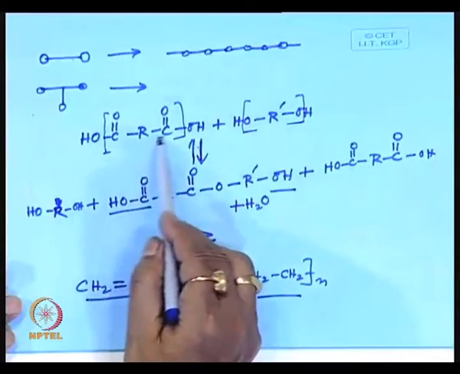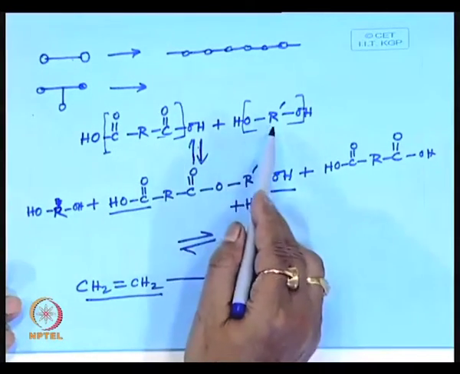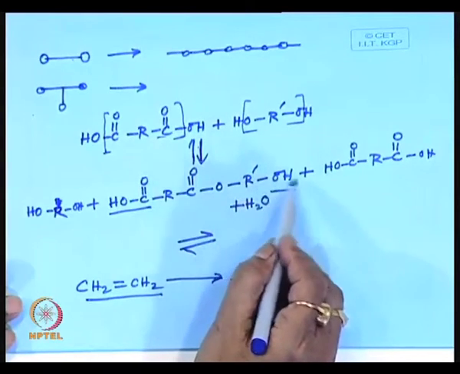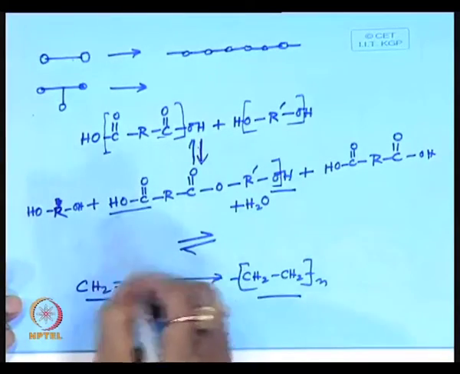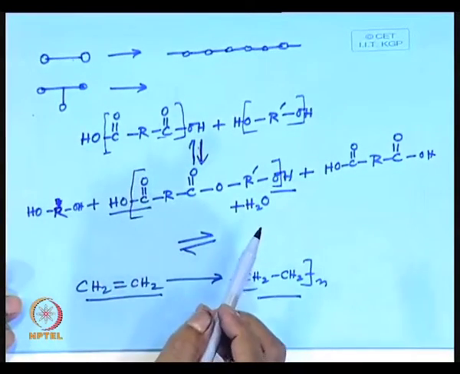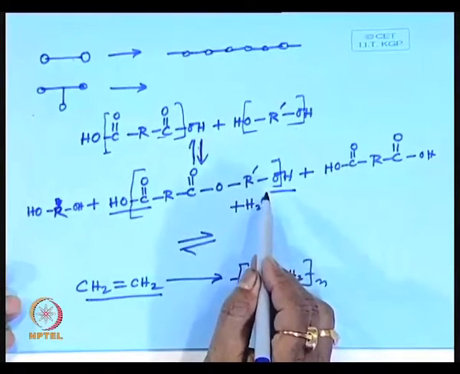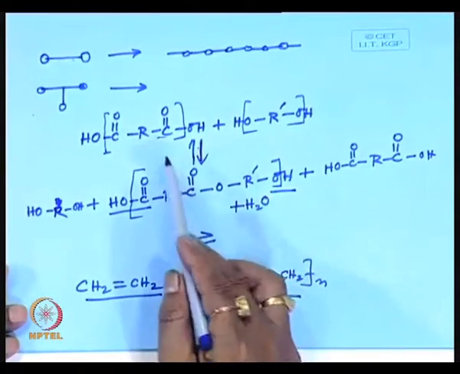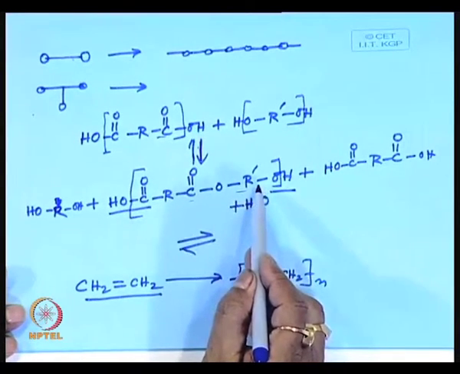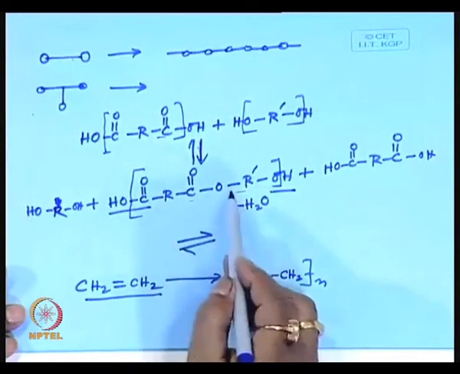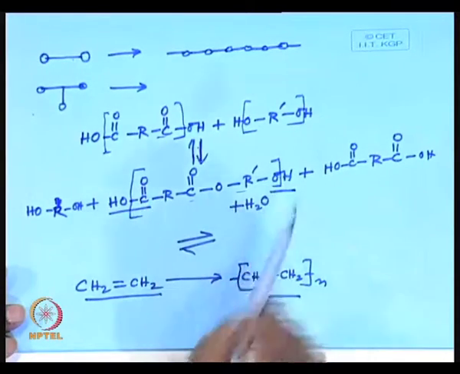You see? So, here RCOO, again R prime is coming, O. So, this is the residue from diol and diacid. This is the monomer unit in a condensation polymerization. This is the monomer unit from here to here.